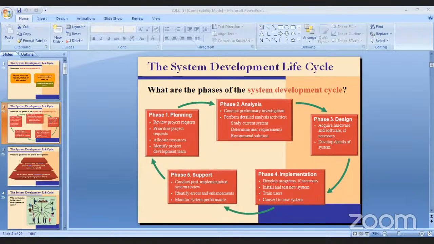You have to develop the programs, install and test the new system. Developing the programs is technically called coding. Coding is the technical name of developing the programs, or the art of developing or writing new code is known as coding. So here in the fourth phase, in the implementation, you have to first develop the program.